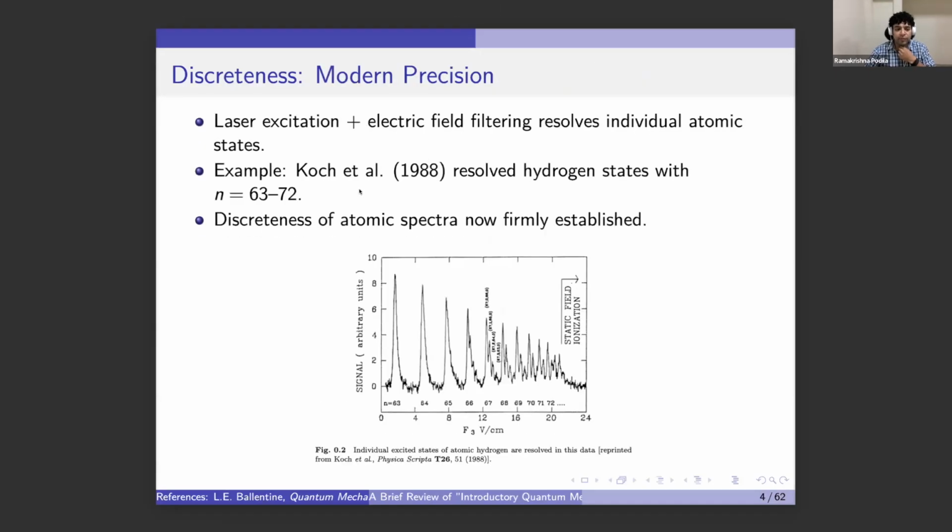And these experiments have been done with modern precision. For example, as you can see here, in 1988 and even later on, people have resolved hydrogen states with much more clarity, and you can see that these states are very discrete. That is, they're not continuous energy. So the discreteness of atomic spectra, the first essential feature of quantum mechanics, is experimentally observed.